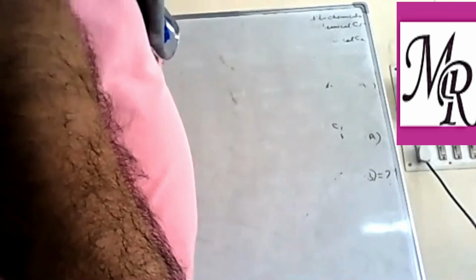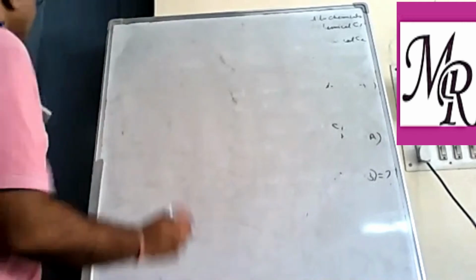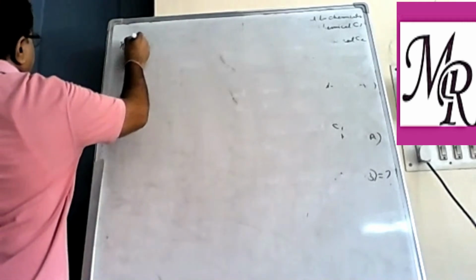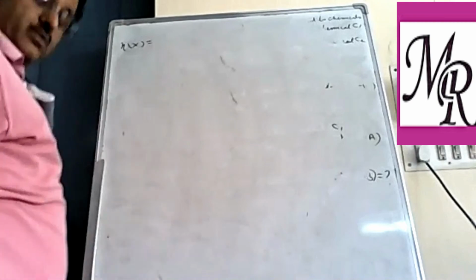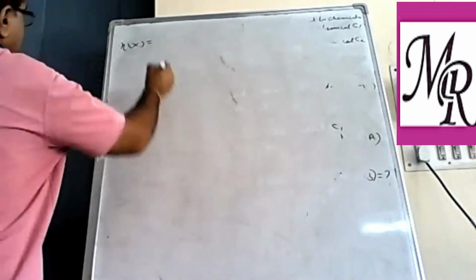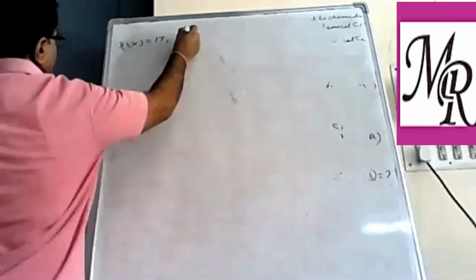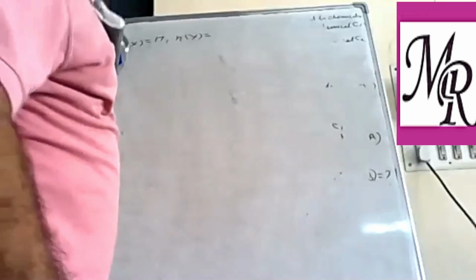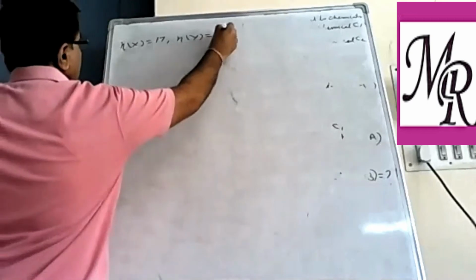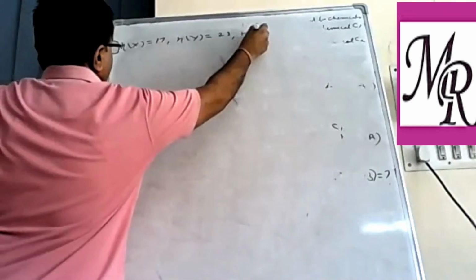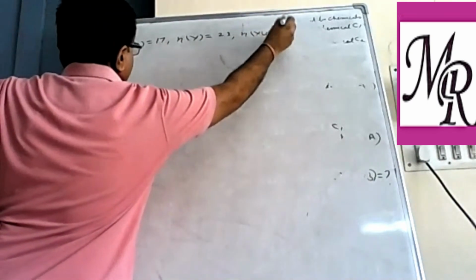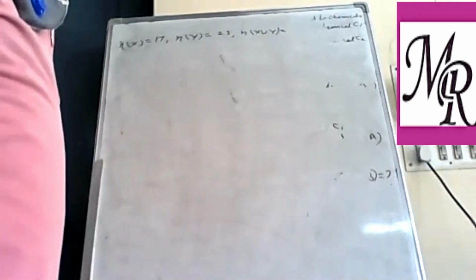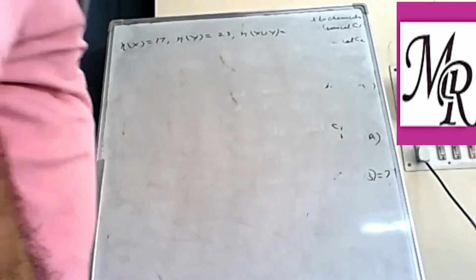X and Y are two sets such that number of elements in X equal to 17, number of elements in Y equal to 23, and number of elements in X union Y equal to 38.